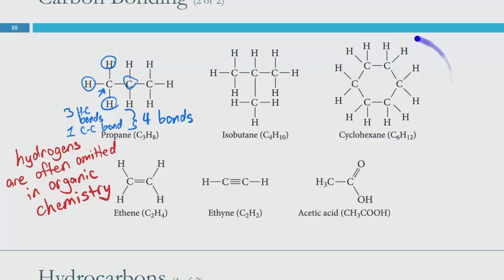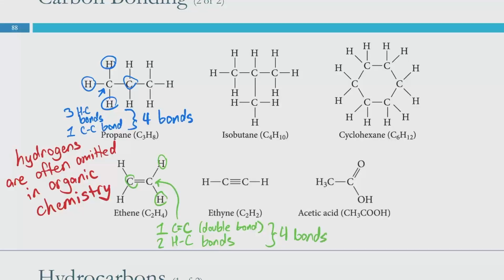We can also do this in ring structures. And if we've got double bonds, look at this right carbon. This right carbon has 1 double bond with carbon, and it also has, on top of that, 2 carbon-hydrogen bonds for a total of 4 bonds, or 4 lines.